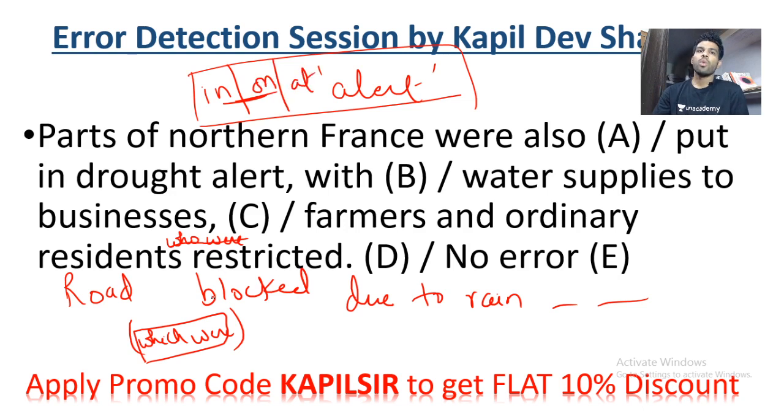Okay, but what are we going to say? The area was in alert, on alert or at alert? Just asking all of you.